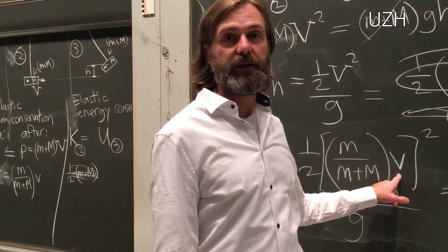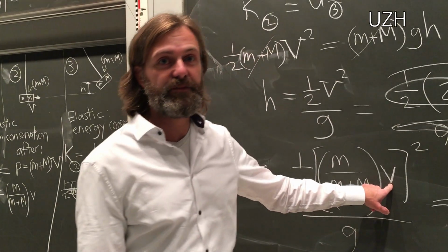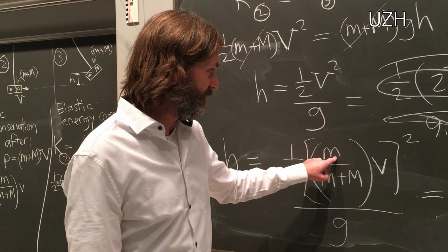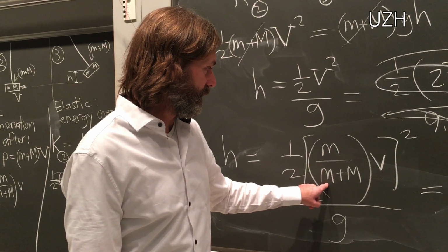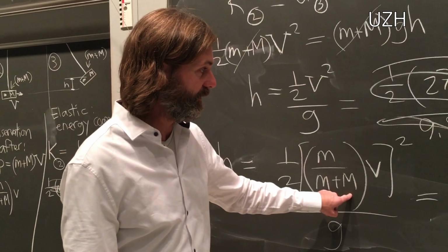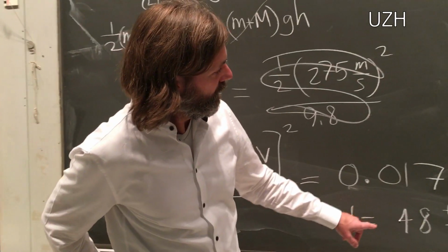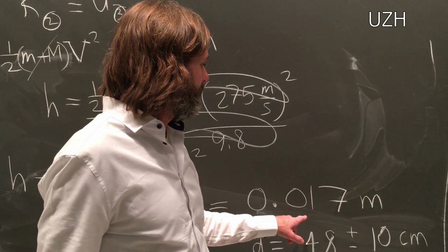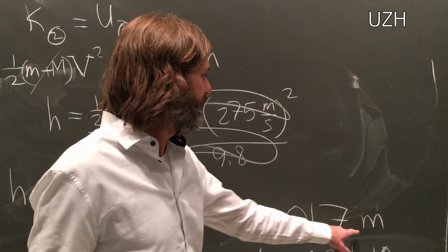And I know that the bullet is moving at 275 meters per second, and the bullet has a mass of 1 gram, and the block has a mass of 470 grams. So I solve for this, and I get that the height change would be 0.017 meters.